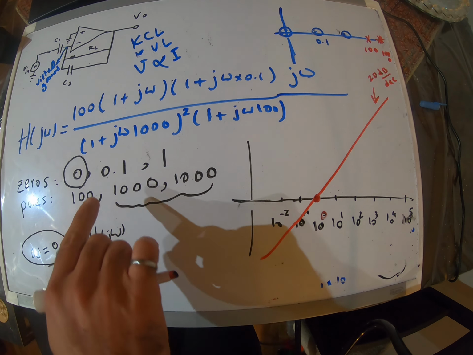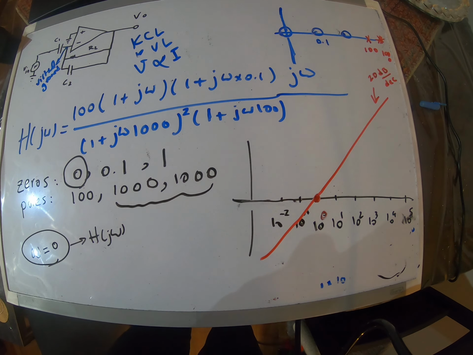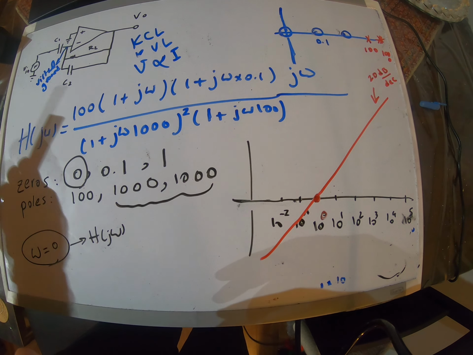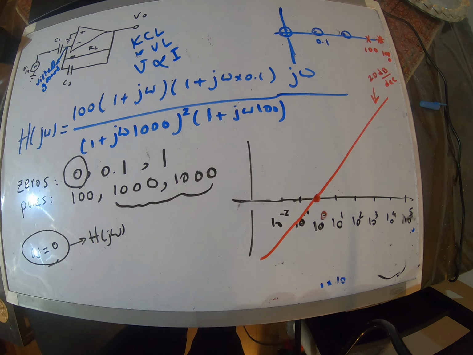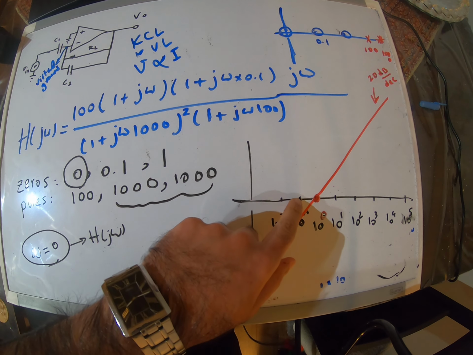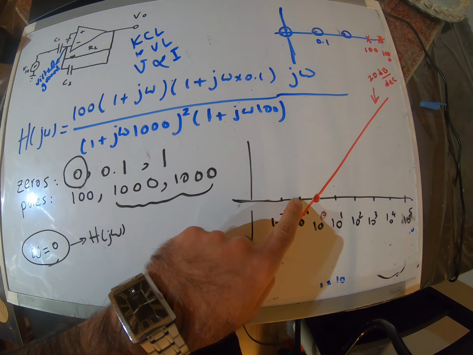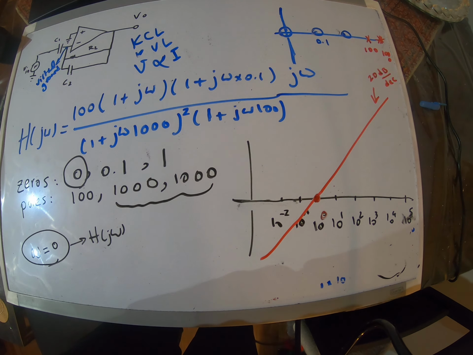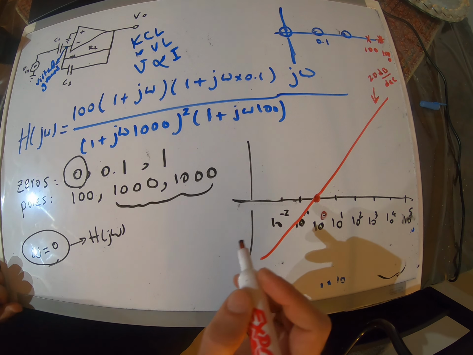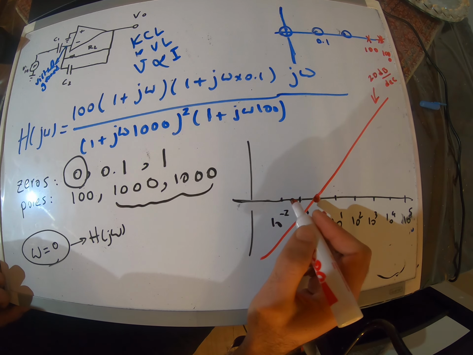Okay. Now, what's the next thing that we have? The next thing that we have is a zero that we have at omega equal to 0.1, which is here, right? And this one, again, we have a zero. So I'm just going to do all the poles with red.